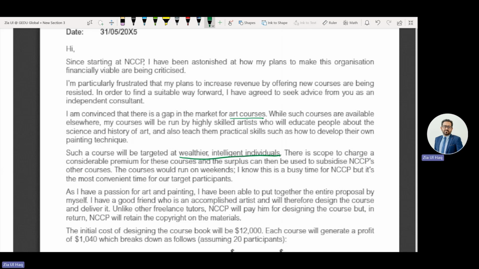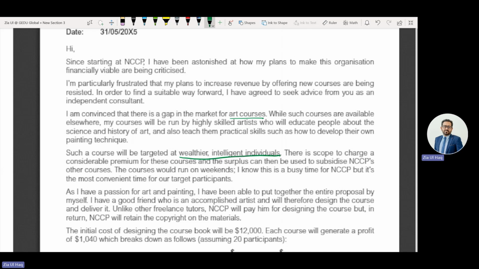He's going to target high class, wealthier customers. What's the mission of the organization? Supporting those people who cannot afford. But he is deviating from the mission of the organization if he is going to target wealthier customer participants, because the company's aim is not profit making.